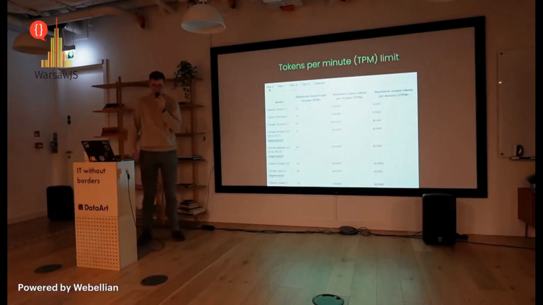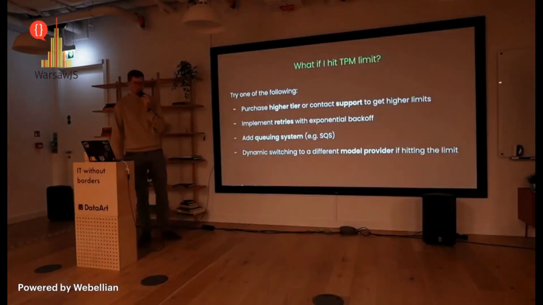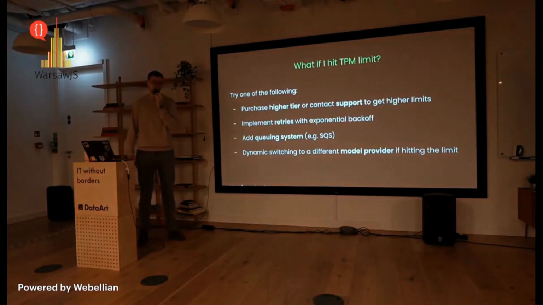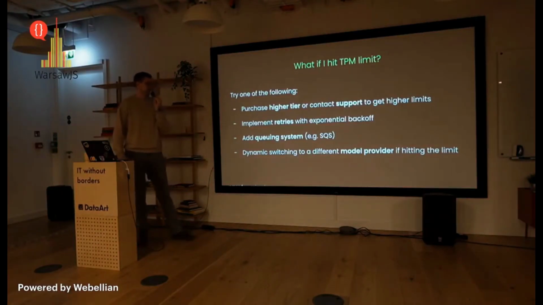And if you're hitting this limit, you can consider just switching to a higher tier and pay more money, get more limits. Or you can even contact support and ask to give higher limits specifically for your use case. And this is, by the way, what we did.